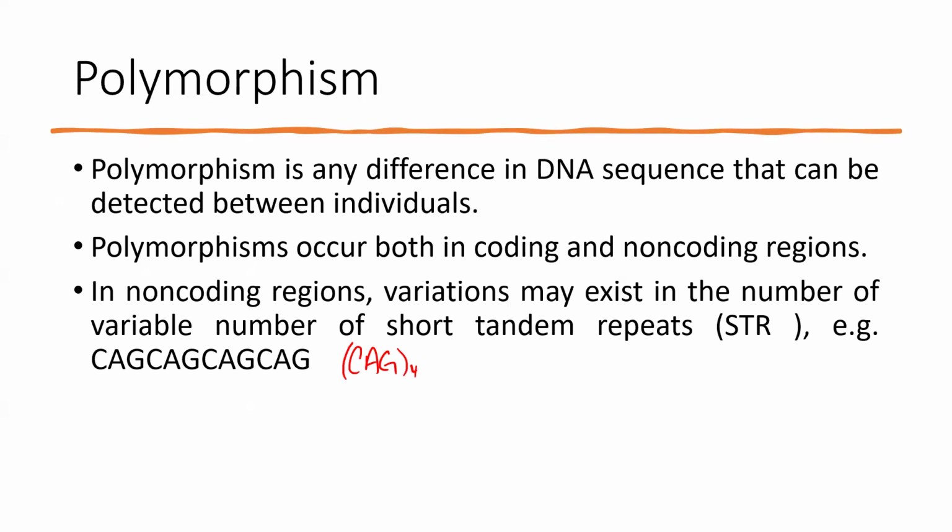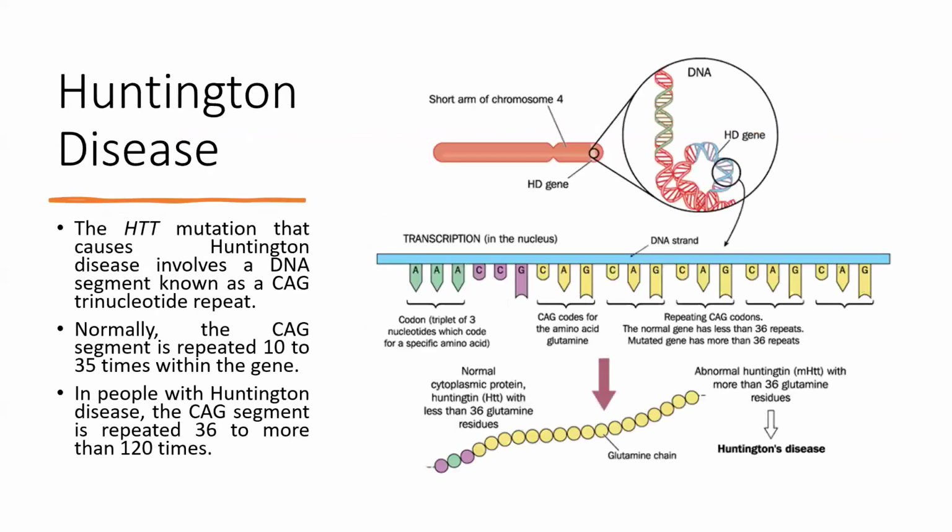Okay, so I might have it repeated 4 times, you might have it repeated 10 times. People who are related often have the same number of repeats or a similar number of repeats. Okay, so these are STR, or short tandem repeats.